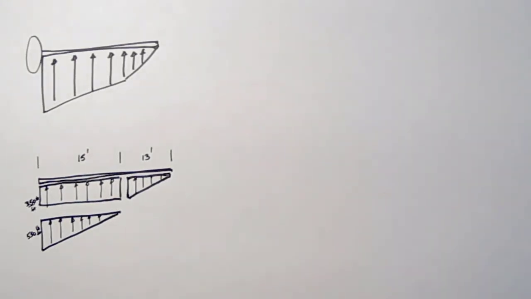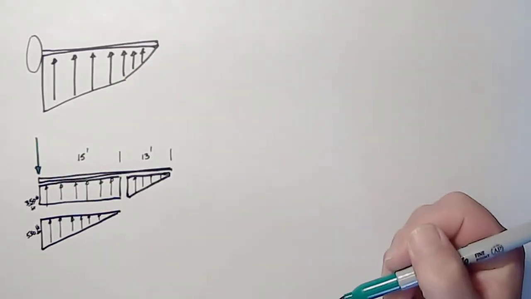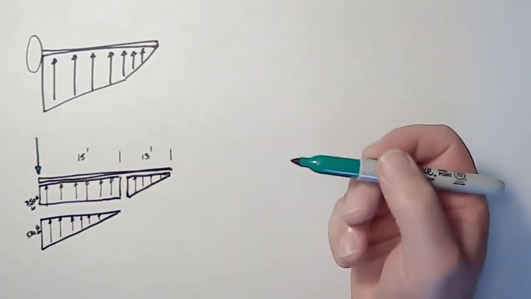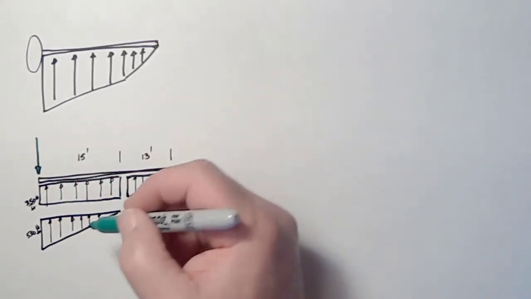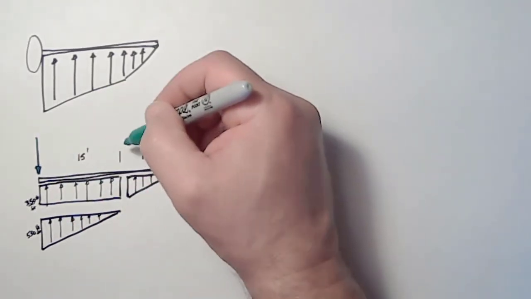Now, opposing these forces, I have 2 other forces. A total net force pushing downward, that is the weight of the plane and everything else. And in addition to that, these moments all go this way.